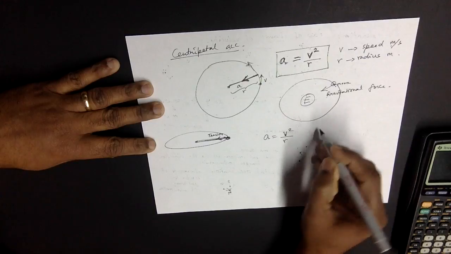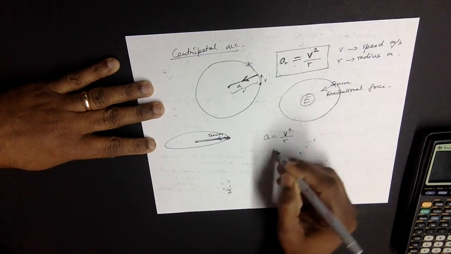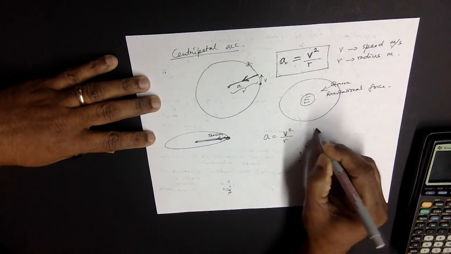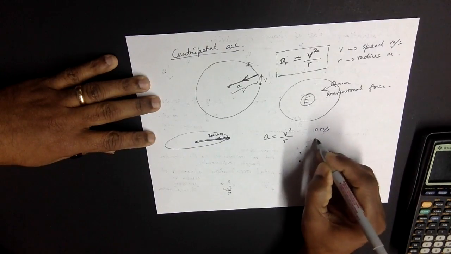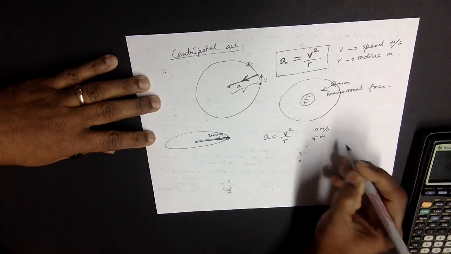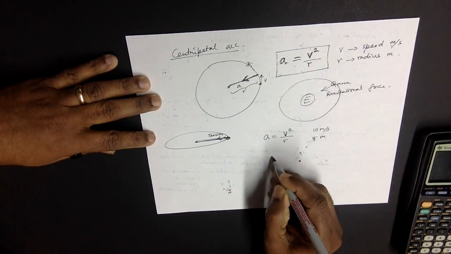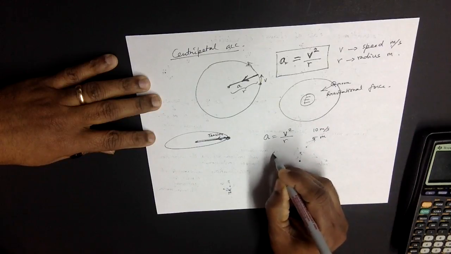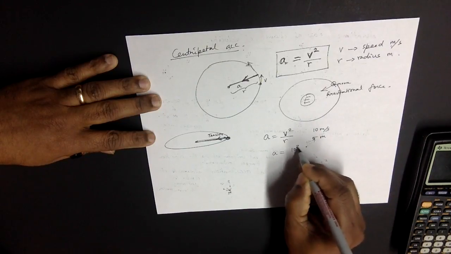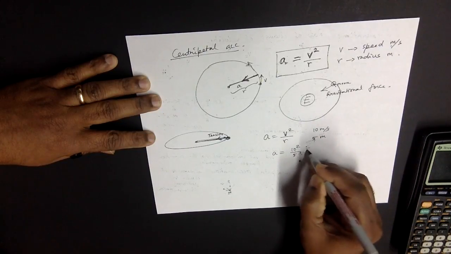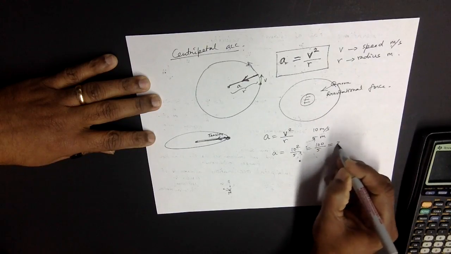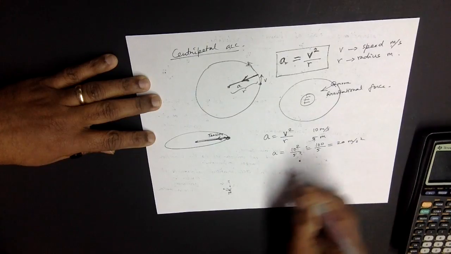Because when you double the speed, say for example, if you were going at 10 meters per second, and the radius is 5 meters, then the acceleration is going to be 10 squared over 5, which is 100 over 5, which is 20 meters per second squared.